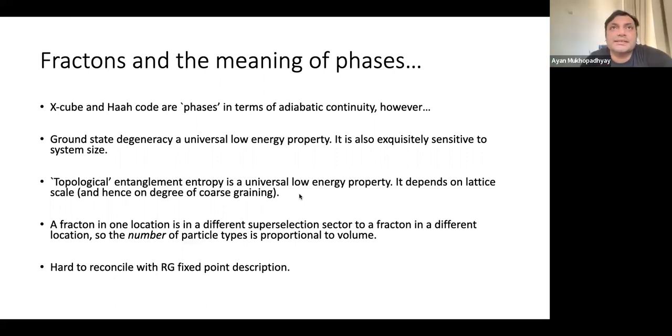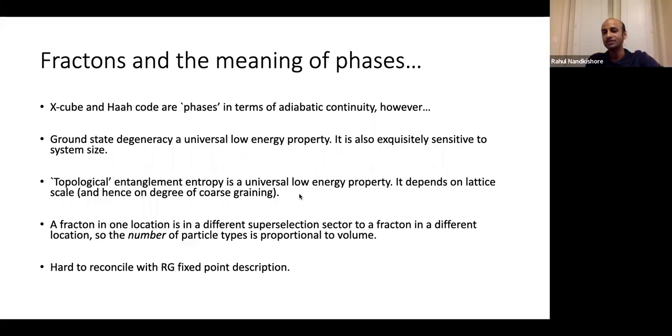Okay, but what would be the action of a translation operator on this? Is this a well-defined notion? If I take a commutator of the momentum with a fracton operator which is localized somewhere, what should I get?